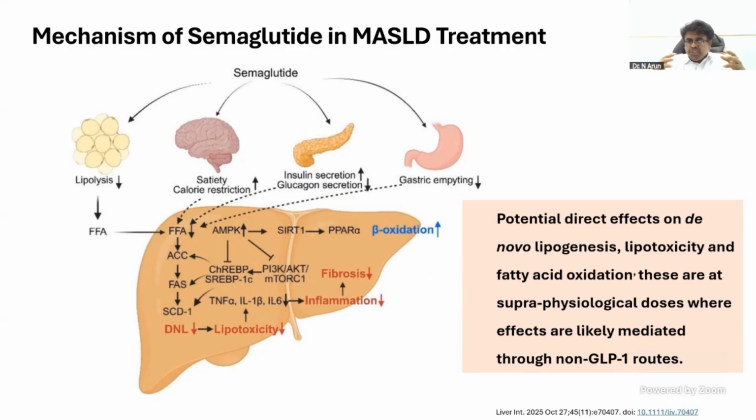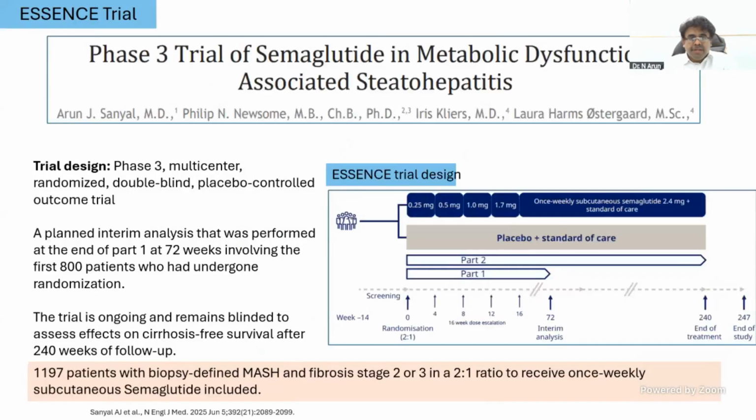So all this picture has a predominant direct role with your semaglutide. Thereby, there is evidence to show that the clinical picture of fibrotic changes will have a significant response when you use semaglutide.